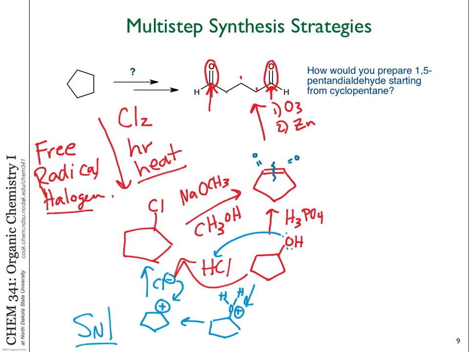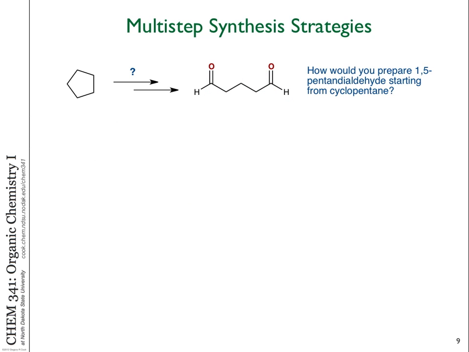Mechanistic details, all these reactions where we have carbocation intermediates. The main types of reaction mechanisms, you should know what initiation, propagation, termination steps are in radical chemistry. And also the mechanisms that we've talked about for both alcohols, halides, as well as reactions of alkenes, right?